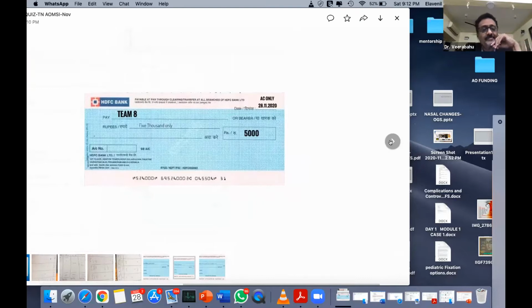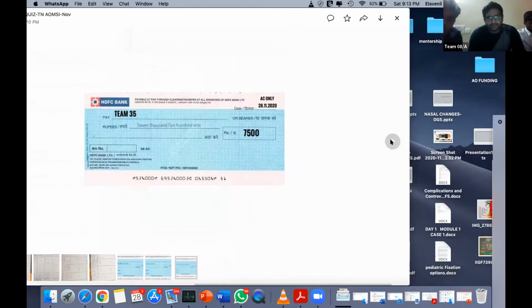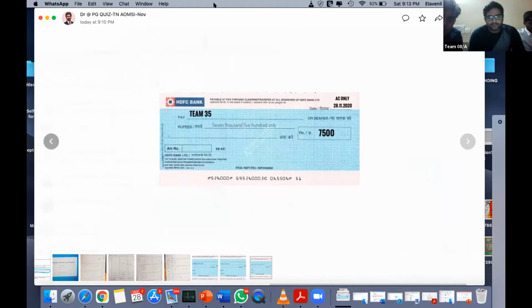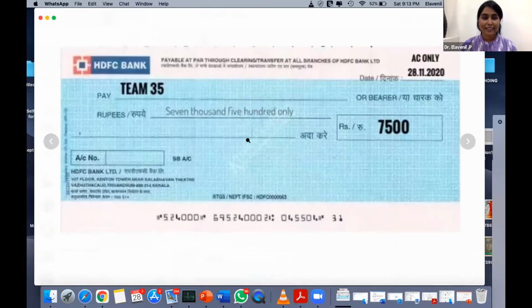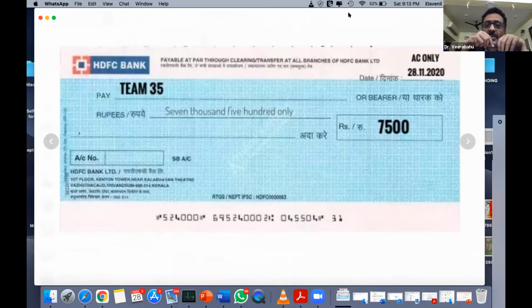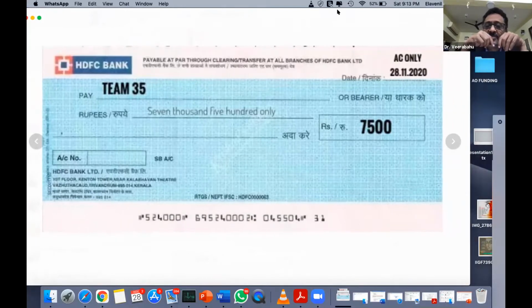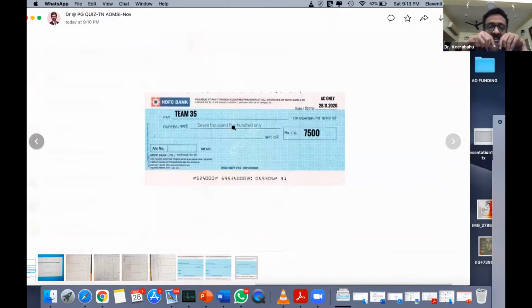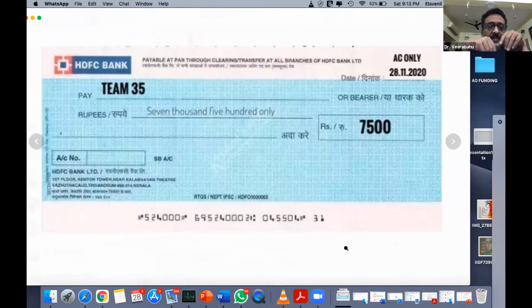Can somebody name the team? Yes, sir. They'll be happy. The second. Let us give a round of applause to them. Yes, sir. You can zoom it out. This is second prize, no? Yes. Team 35. A check of 7,500. Congratulations, Team 35 and their department.